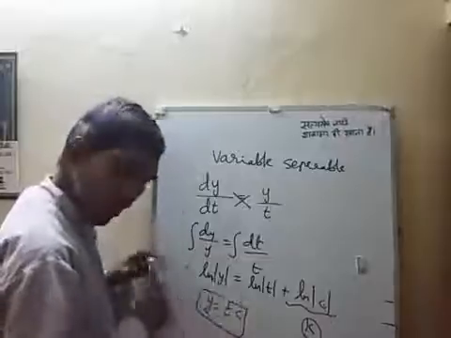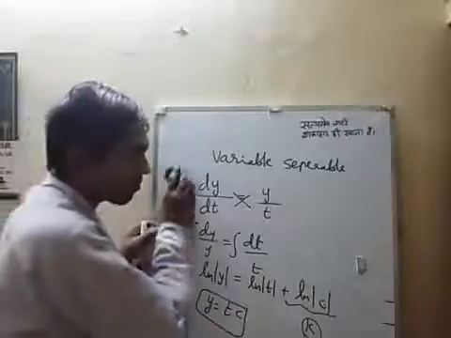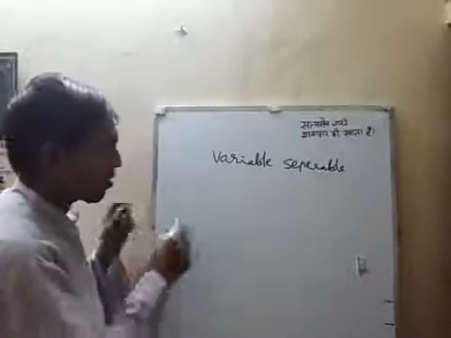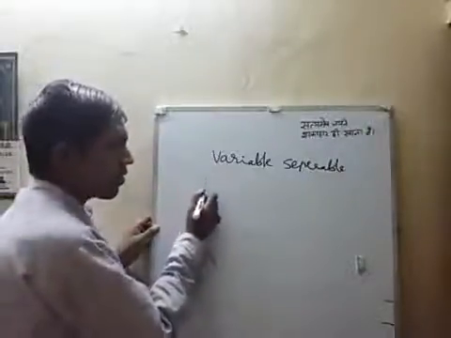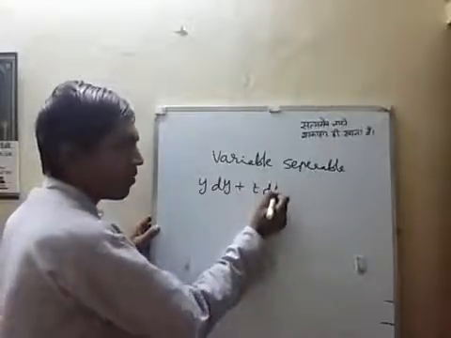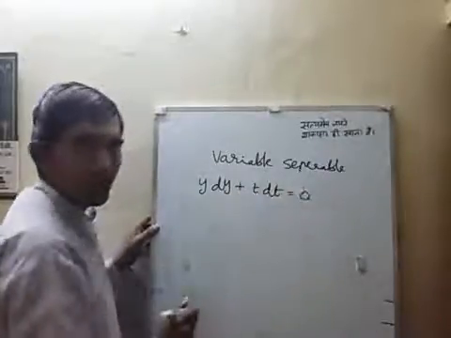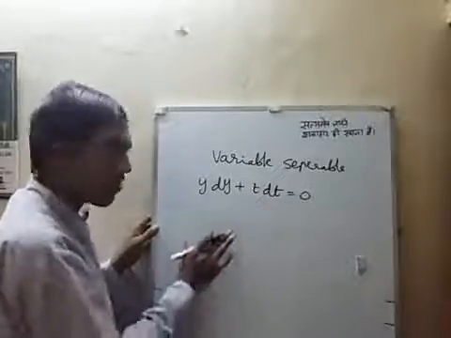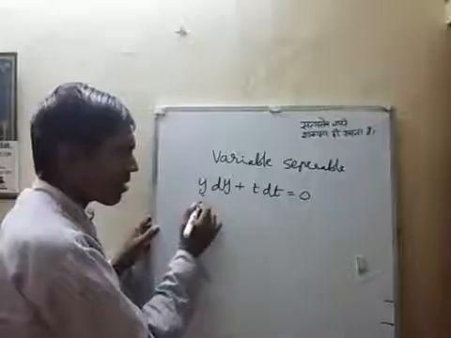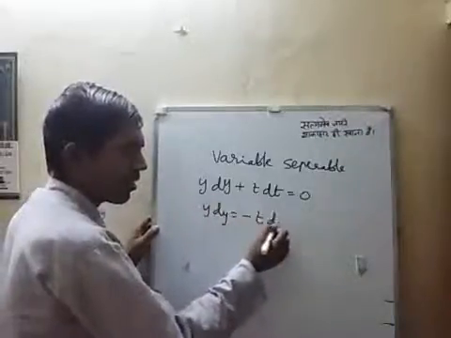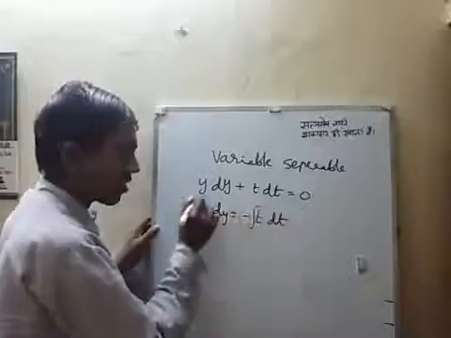Now let us work out one more problem on the same lines. Suppose I have y dy plus t dt is equal to 0. Then I will write this as y dy is equal to minus t dt, and let me integrate on both sides.